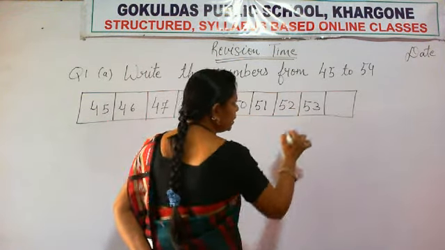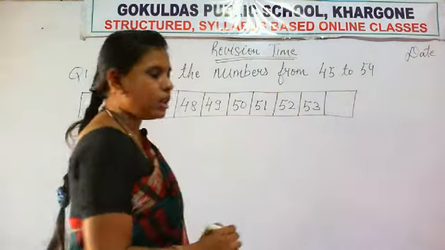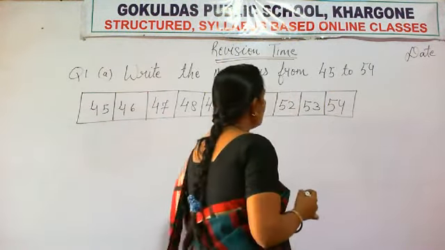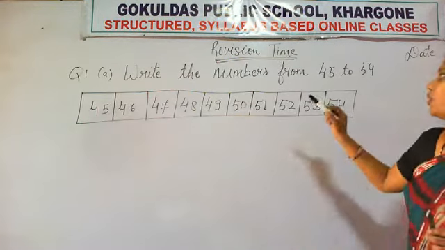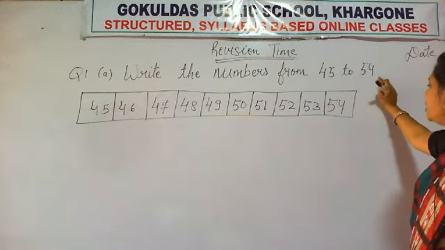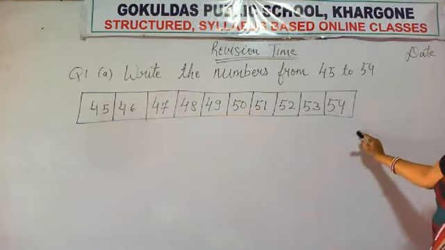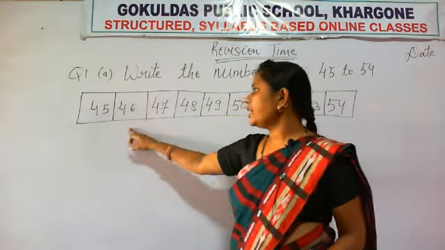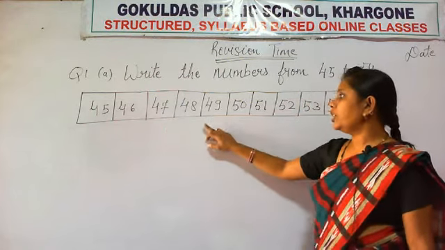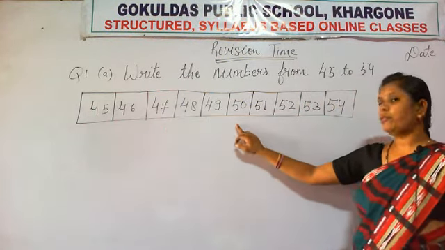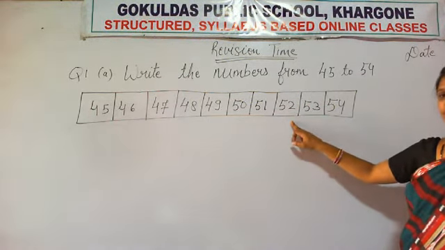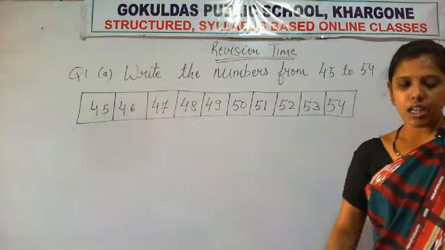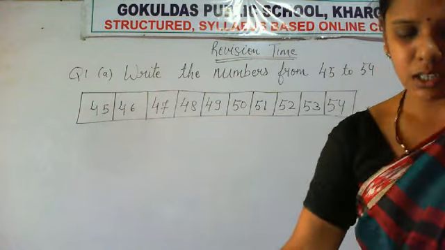After that 53, and last number is 54, because you have to write the numbers from 45 to 54. So your last number will be 54. Again read all the numbers: 45, 46, 47, 48, 49, 50, 51, 52, 53 and 54. Copy the answer from the board. Write fast.